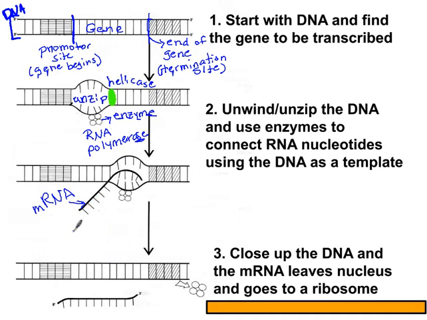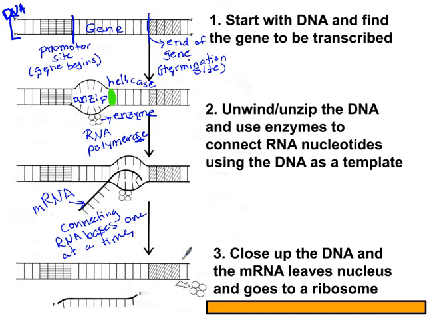Basically what it's doing is connecting the RNA bases one at a time. Our RNA polymerase is just bringing in these bases and helping them connect one at a time to build our mRNA strand.